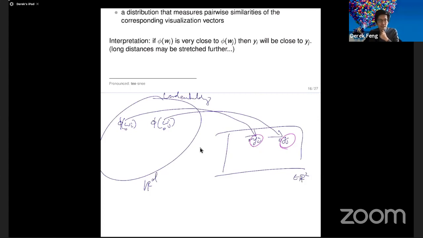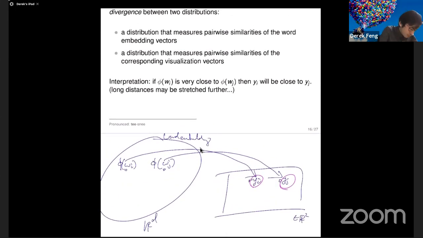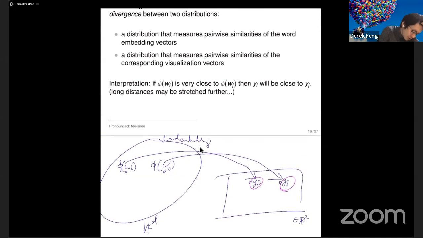The word embeddings are now given, and we treat these y's as parameters and do some optimization to learn them. Then we have to think about what optimization we want to do, and that's where the t-SNE model comes in.